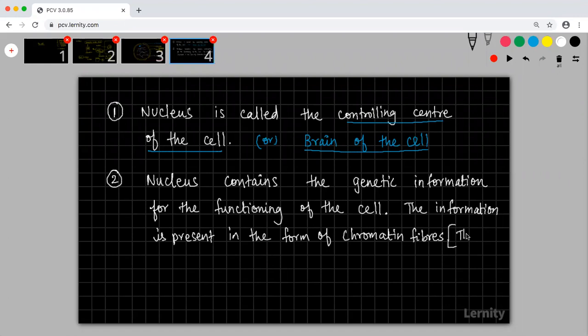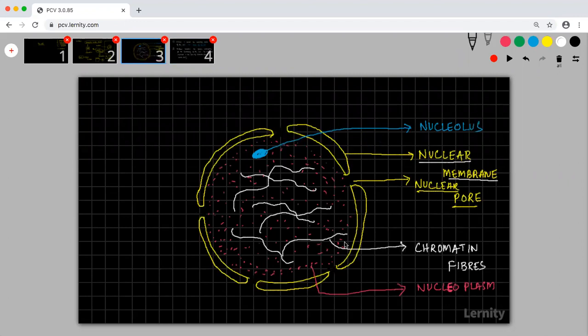Okay, they contain DNA. Here I have drawn the structures called chromatin fibers. Actually, it is inside the chromatin fibers. You will see it is not like the chromatin fiber itself is made up of water. It is made up of DNA.